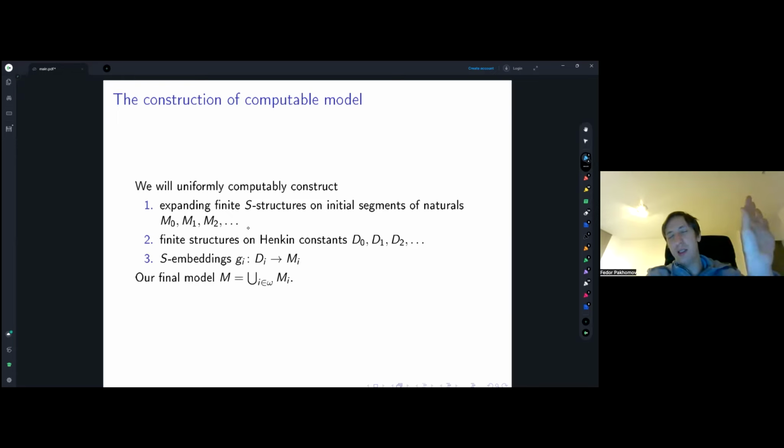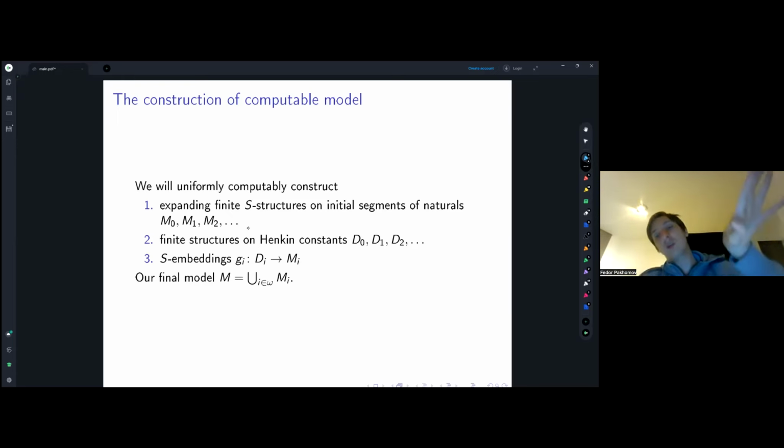Their domains are just initial segments of natural numbers. S structure means that now we don't care about membership, and we're simply taking our S predicate. At the same time, I will have a sequence of finite S structures on Henkin constants, D0, D1, D2, and so on, and these DIs will be embeddable into MIs.